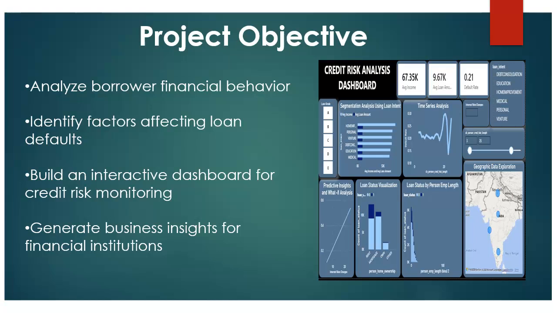This project focuses on understanding borrower financial patterns, identifying factors affecting loan defaults, monitoring default trends, performing risk analysis, and building an interactive dashboard for decision making. This dashboard can help banks and financial institutions identify high-risk borrowers before approving loans.